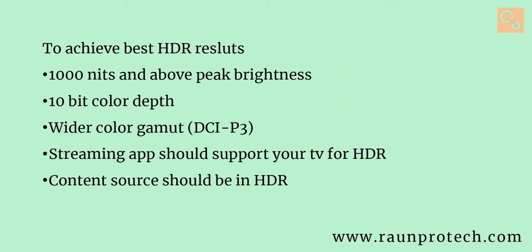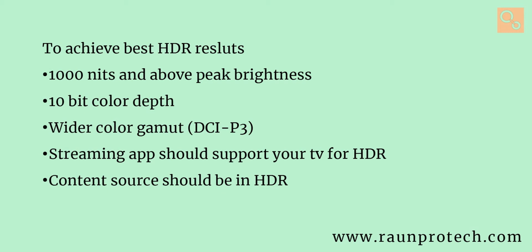Number 1 of them is high brightness, like about 1000 something nits of peak brightness to achieve proper HDR. Second is your panel needs to support wider color gamut with depth of 10 bit. We will cover this in later part of the video. Third is if you are streaming, then your streaming app should support your TV for HDR. Let's say Netflix.